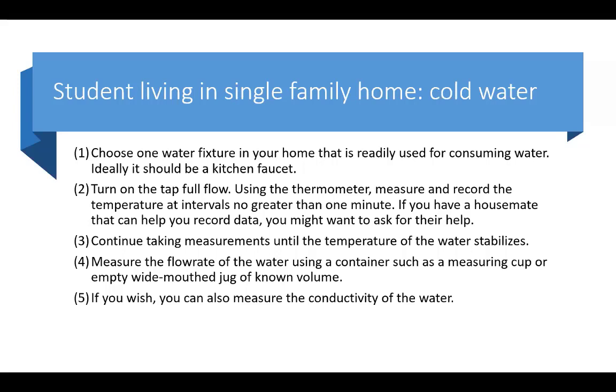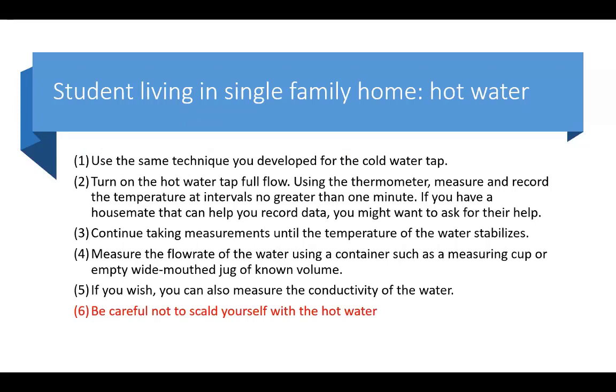Since it's getting colder, you should find that the temperature of the water is warmer initially, and then it should decrease and stabilize, probably around 15 degrees C, at least in the US. Use the same technique for the hot water. Be careful with the hot water that you don't scald yourself, but you'll do the same thing. You're going to turn the hot water tap on full, and initially it should be colder.